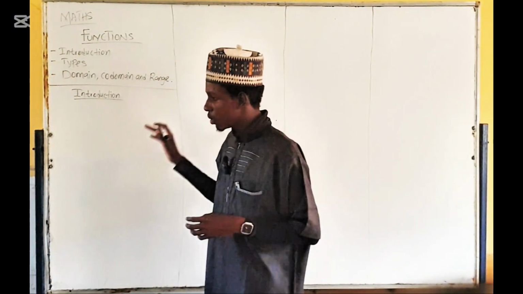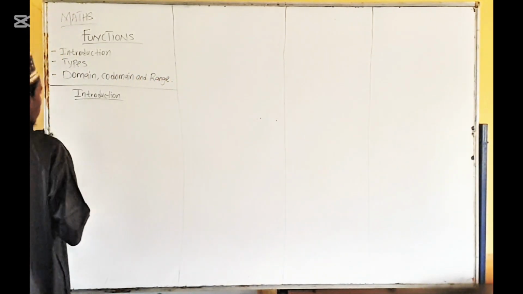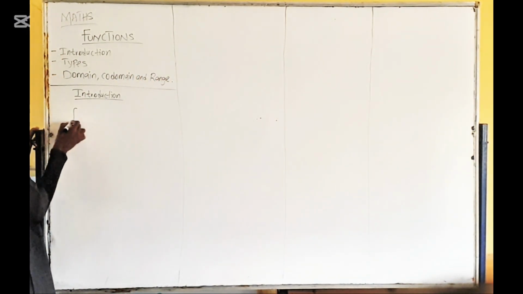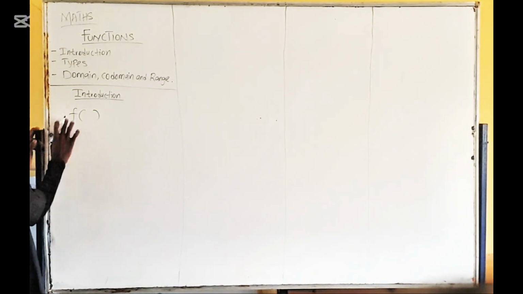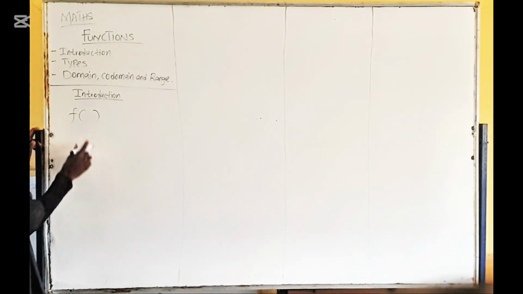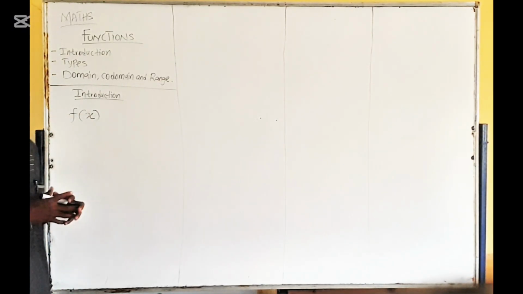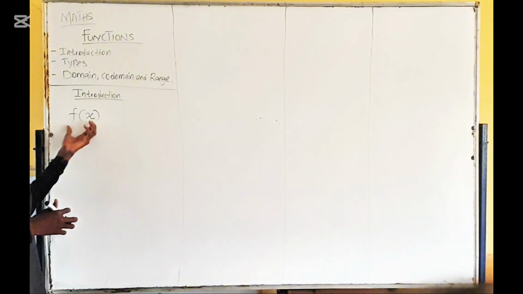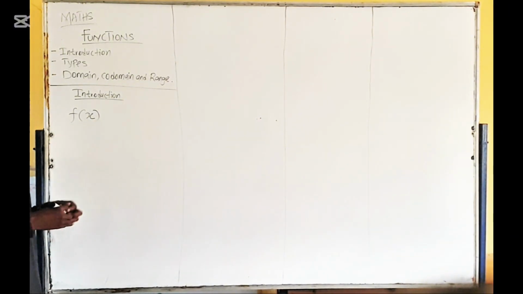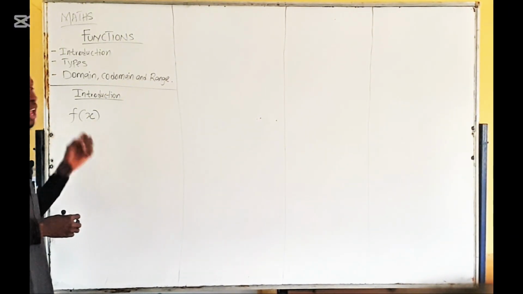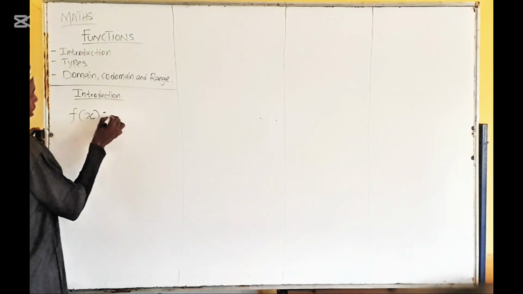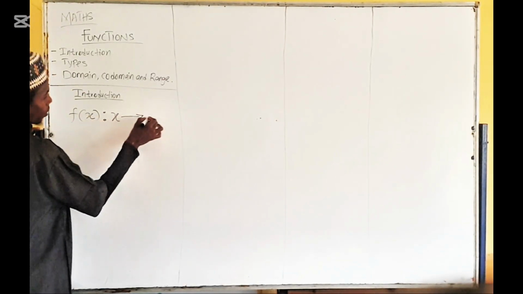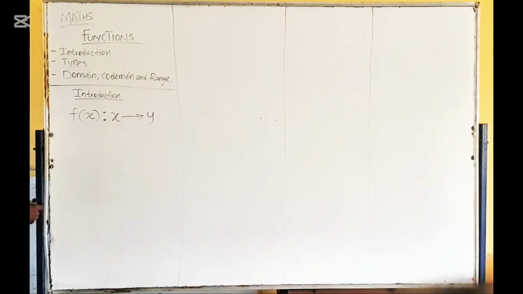So now, in mathematics, functions are basically represented by this. This is the name of the function, f of. If I put something here like x, x is the input. So this function is f of x, which means function of x. Now, this function is such that x is mapped on some variables.